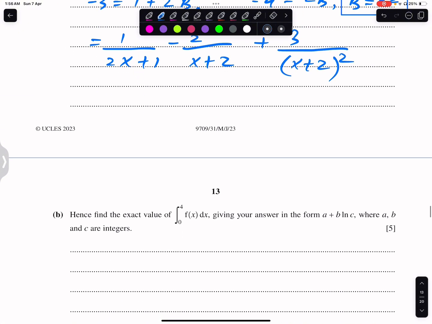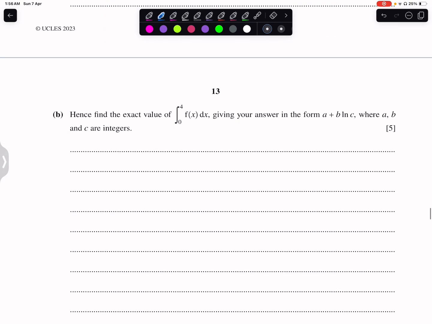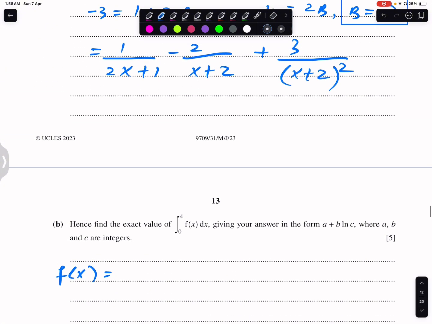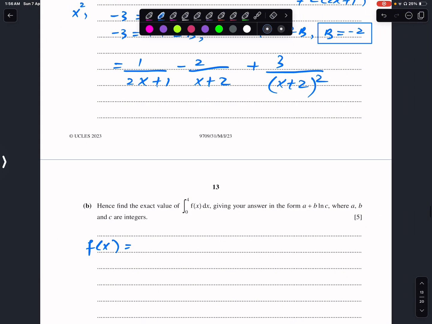Now, hence find the exact value of this integral and give the answer in specific form. Now, what is your f of x, students? Your f of x is actually your question, and we will use 1 over 2x plus 1 minus 2 divided by x plus 2 plus 3 divided by x plus 2 whole square.